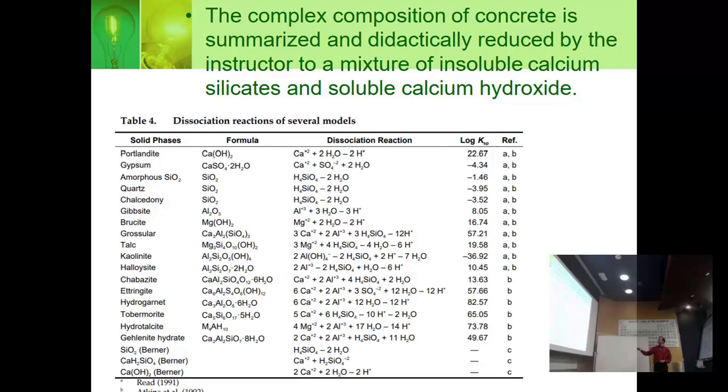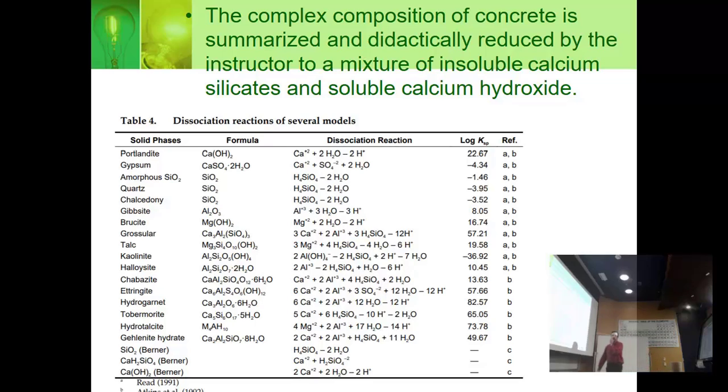But you have the example of the different kinds of minerals that can be in concrete. They each have a KSP, and you can see that these log KSPs can be very big exponential numbers. So this is from this paper, and basically you can reduce concrete into being a bunch of calcium silicates, which are insoluble, and more soluble calcium hydroxide.